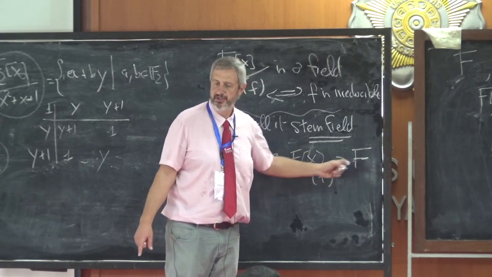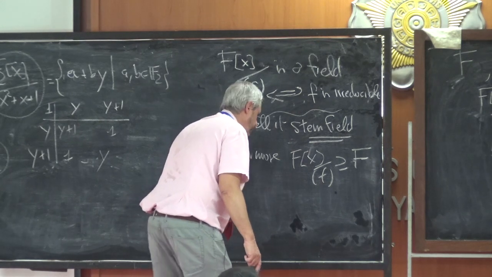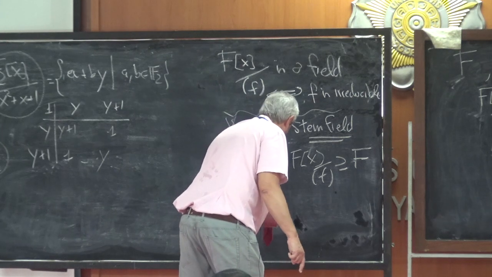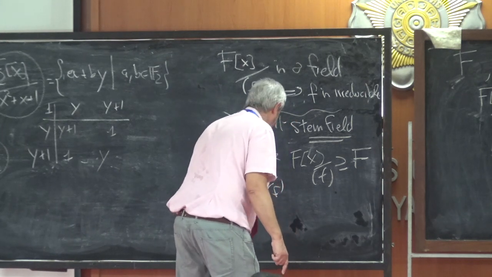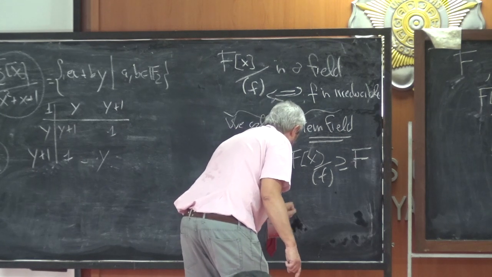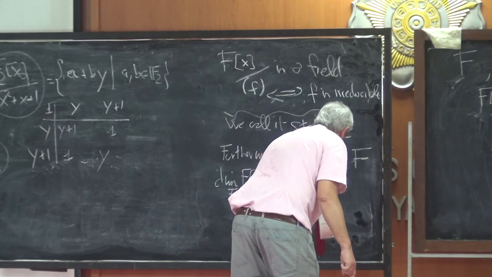So the dimension of this quotient ring, which is also a vector space over F, is called the degree of the stem field.